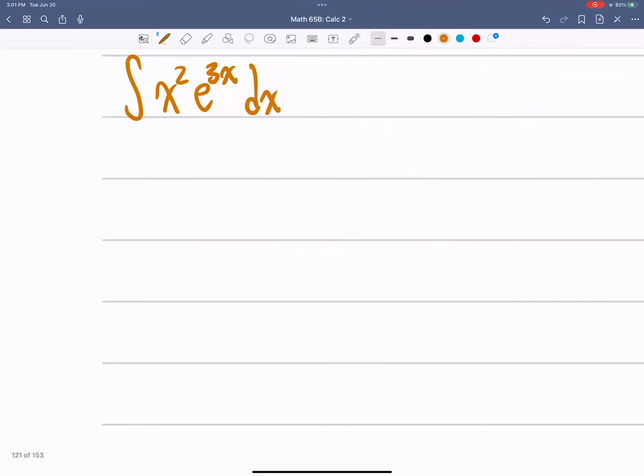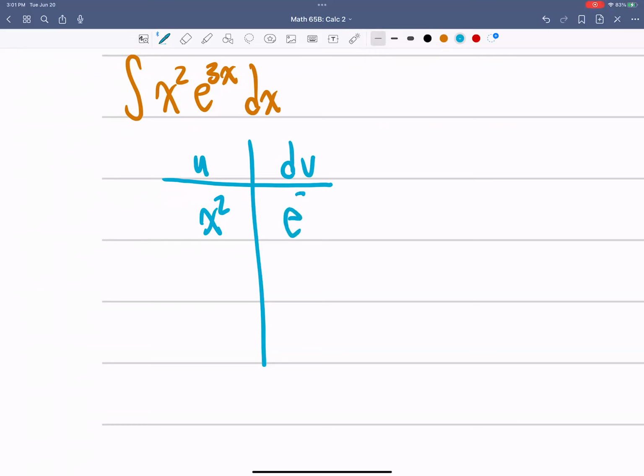Just as before, we choose a side to differentiate and a side to integrate, so we'll have the u side and the dv side. You choose your u just as you would. Here it's going to be x squared, so that when we differentiate, we start going lower. Over here is everything else, e to the 3x dx.